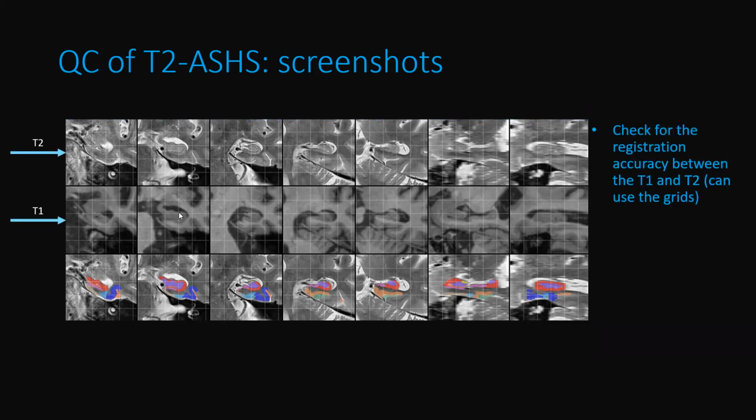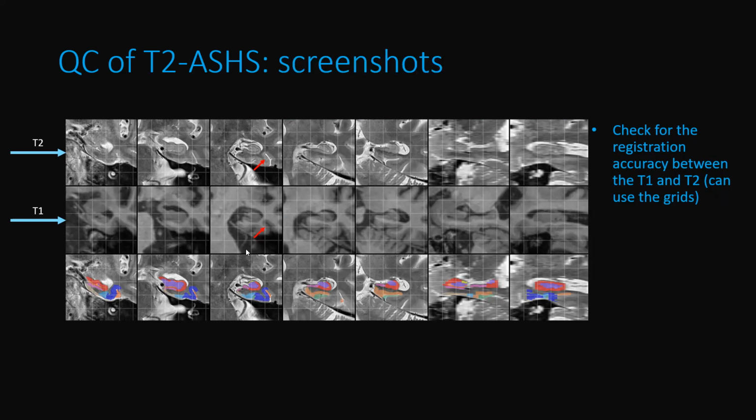And it's good to check the first and the second, the T2 and the T1, for registration accuracy. A way to do that is, for example, to look at the grid, and you see the 2 arrows here. This is a cross section of the grid, and you can see it's perfectly at the border of this cortex in both images.